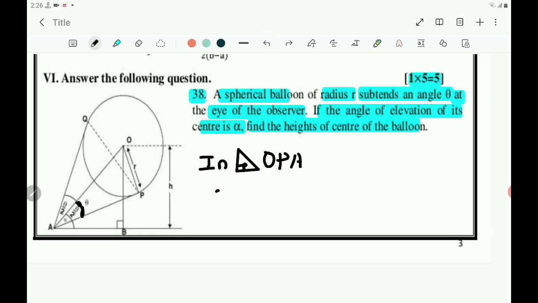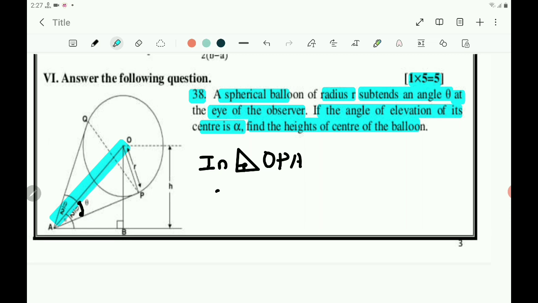For that angle theta by 2, the opposite side is OP, and OA becomes the hypotenuse, since OA is the side opposite to the right angle.